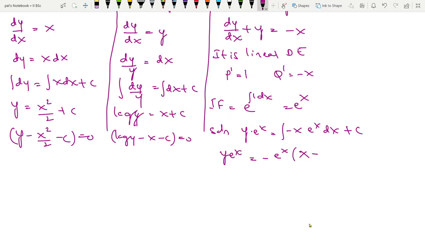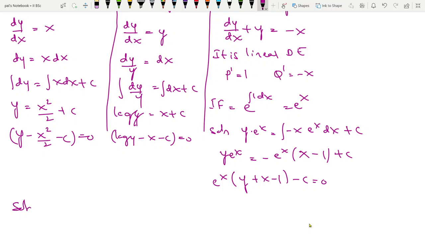Next minus differentiation of x is 1 plus c. So both the terms have e to the power of x as a common factor. So e to the power of x into y, when it comes to the left hand side, it is plus x minus 1 minus c is equal to 0.